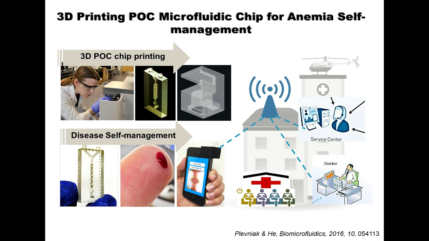So we introduced 3D printing technology to fabricate the microfluidic chips, with just a consumer-grade 3D printer. It doesn't require a laboratory setting or very expensive facilities to manufacture these microfluidic chips. We can also use a 3D printer to fabricate a case that fits the cell phone camera to host the microfluidic chips for color scale detection.